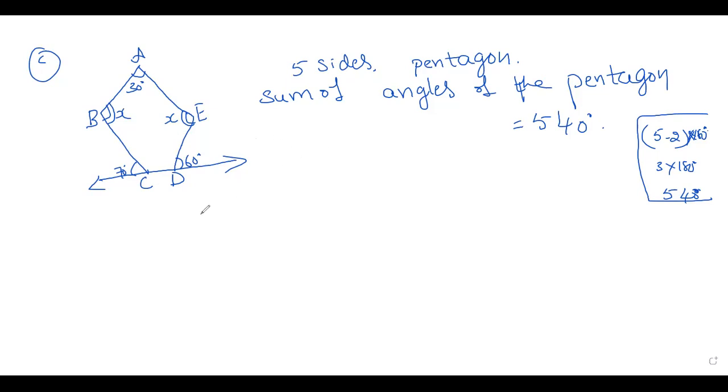Now, see in the figure, they have given only one angle here, but here we have two exterior angles. Exterior means the angles outside have been given. One is 70 degree and another one is 60 degree.